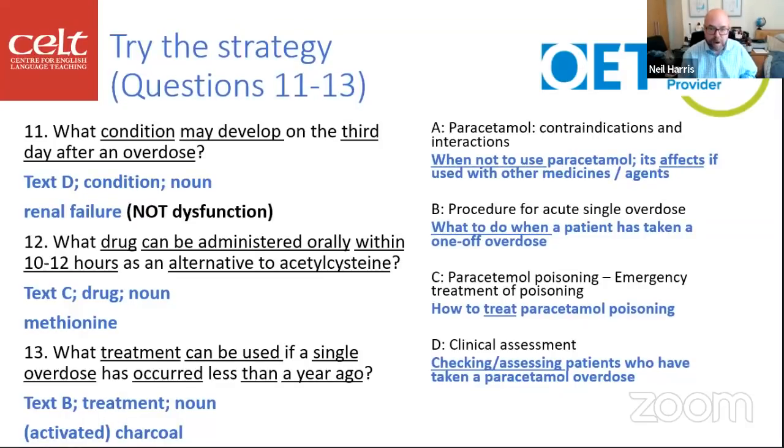So although you've got activated charcoal in your answer, the fact you've included another treatment with it, making it plural, also means that your answer is incorrect. Do read the questions carefully, because quite often in this part of the test, people put the correct answer and something else, and that makes it wrong. Okay, well done, everyone.